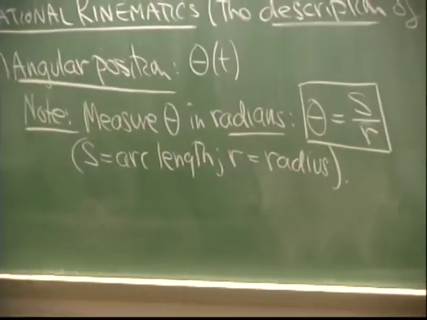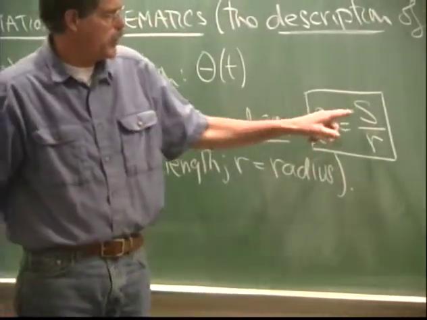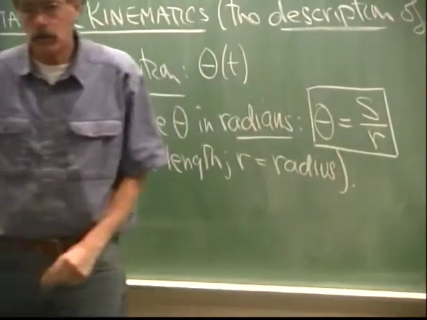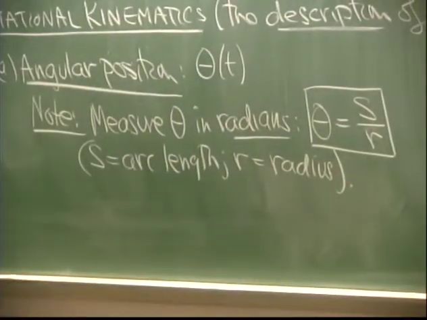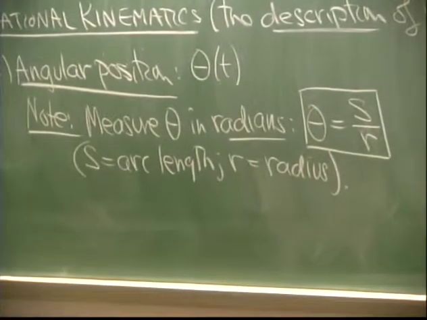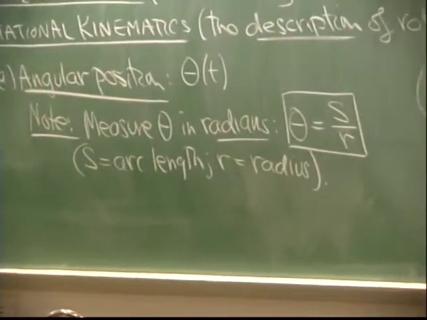Incidentally, as I think I mentioned before, radians are actually dimensionless because it's a ratio of a length, arc length, that's meters, to another length, radius, is also meters, so the meters cancel out. Technically, then, radians are nothing at all. It's a dimensionless unit.